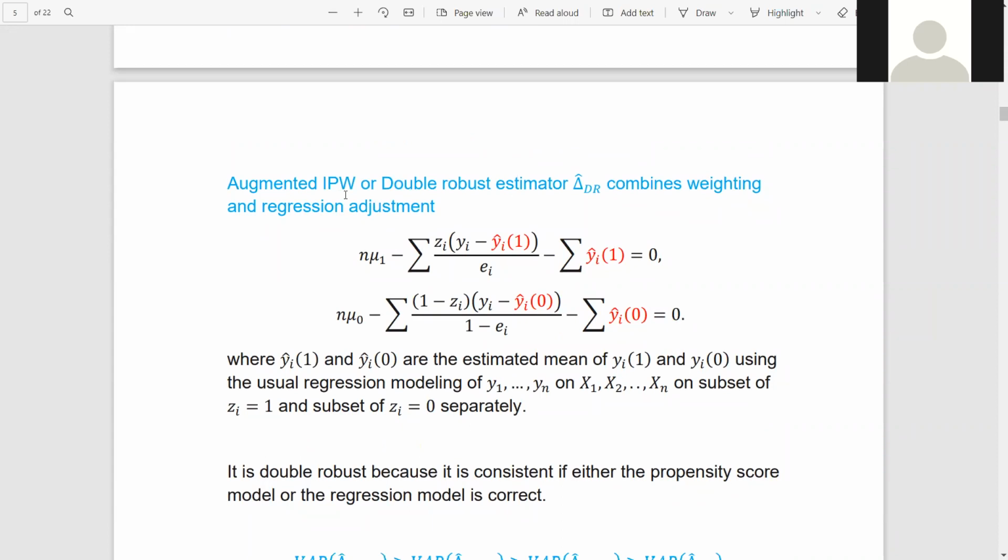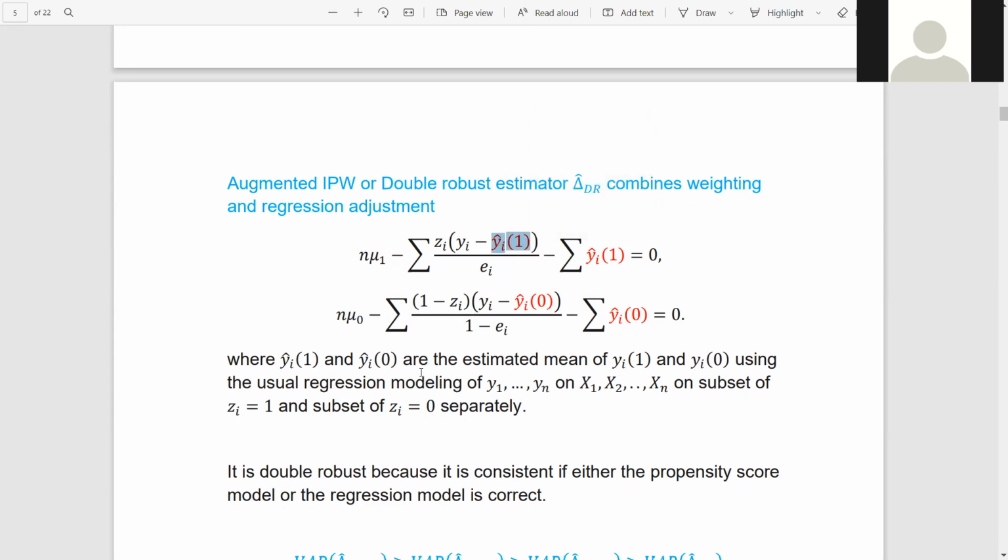Now let's look at another one. It's called augmented IPW, or the double robust estimate. This double robust estimate combines weighting and regression adjustment in a single formula. Here we have these weights, but we also have a regression estimator of the outcome variable directly. So it combines the weighting and the direct regression modeling of the outcome variable.